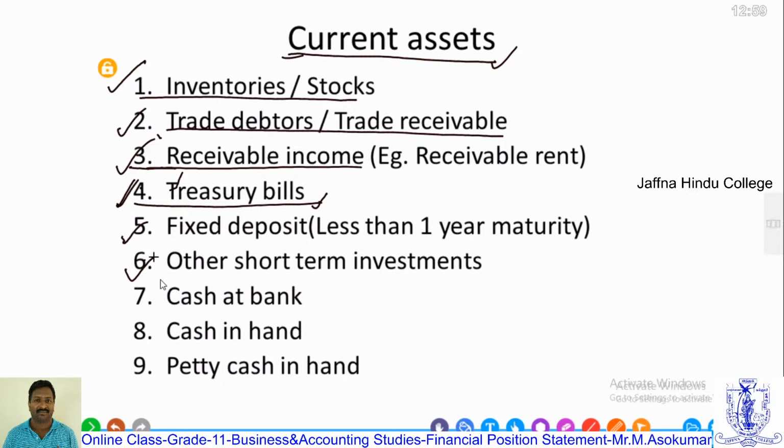Then cash at bank. Cash at bank means the balance in our current account, and cash in hand, petty cash in hand. They are the remaining money kept in the cash box, cash in hand. They are called current assets that are expected to be sold or converted into cash or used within 1 year.